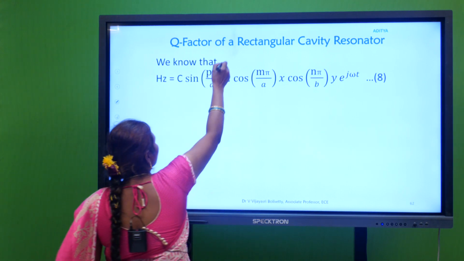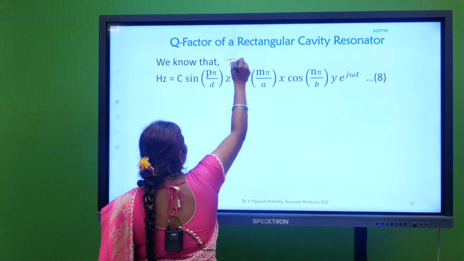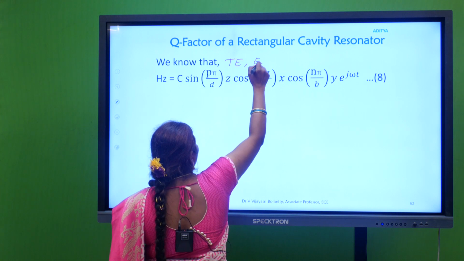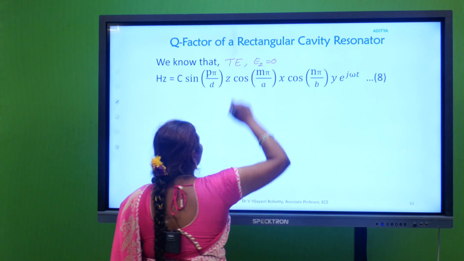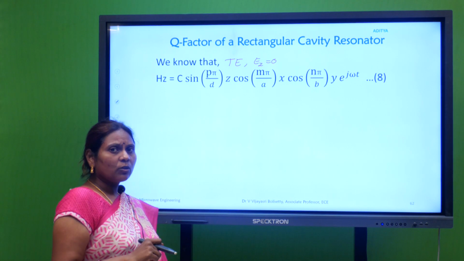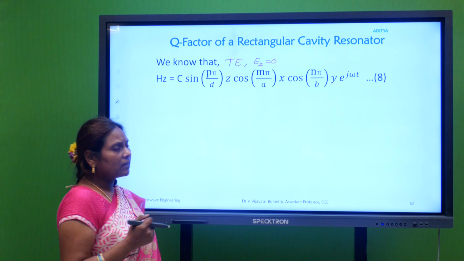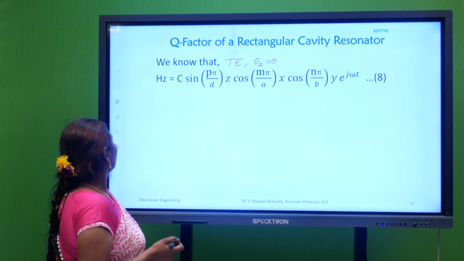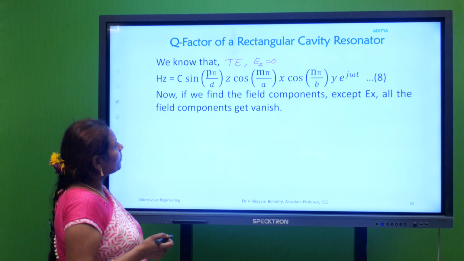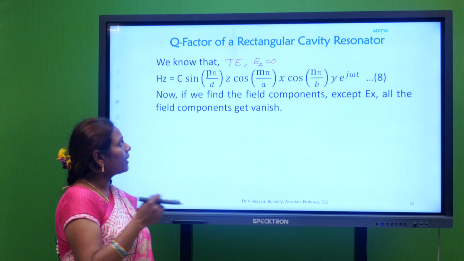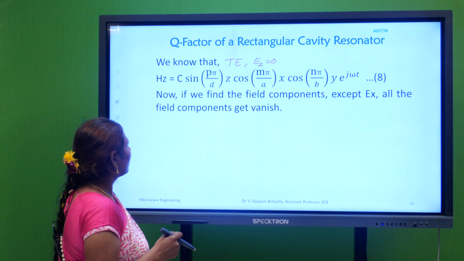We are considering it is a TE mode, so Ez is equal to 0. Let us consider a rectangular cavity resonator where the propagating mode is a TE mode, so Ez is equal to 0 and Hz is C sin p pi by d z, cos m pi by a x, cos n pi by b y, e power j omega t.